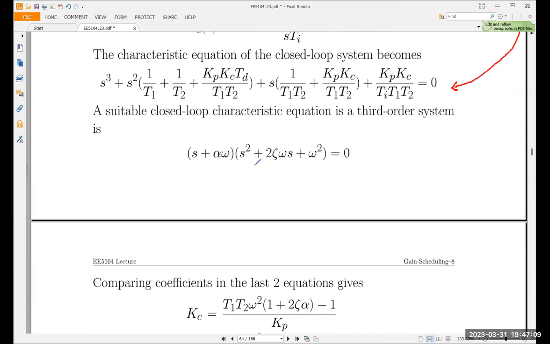Because in control engineering, we have this kind of performance. I just write down here, maximum overshoot. We have this formula, which is given as minus pi zeta over square root of 1 minus zeta squared.